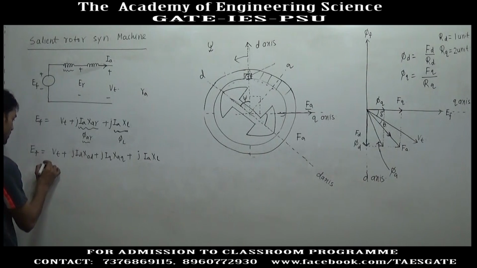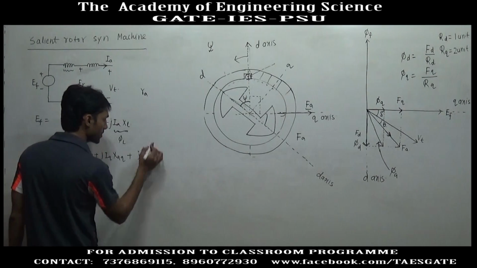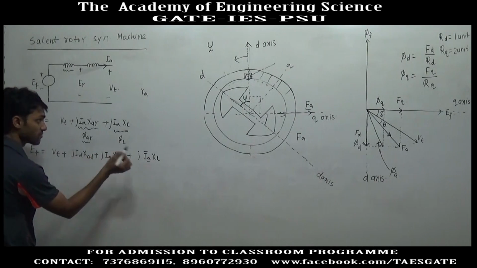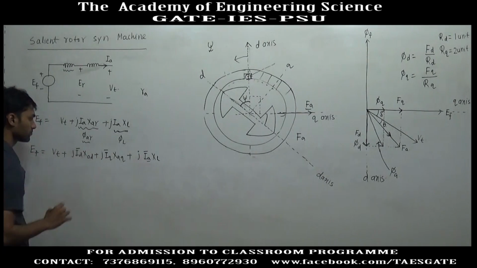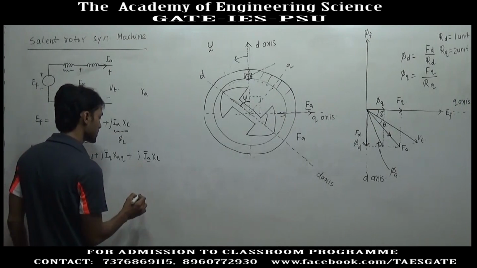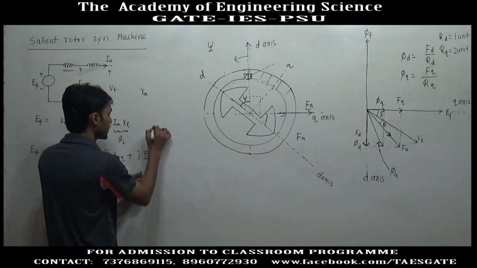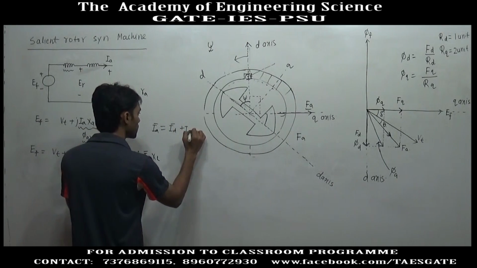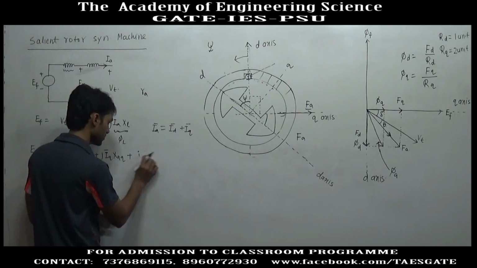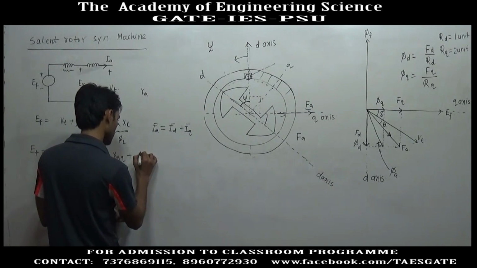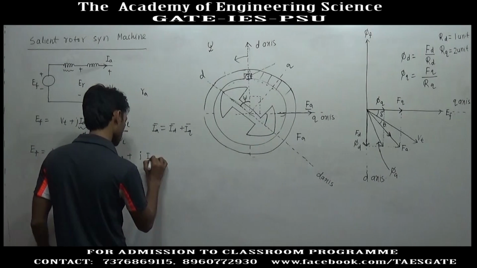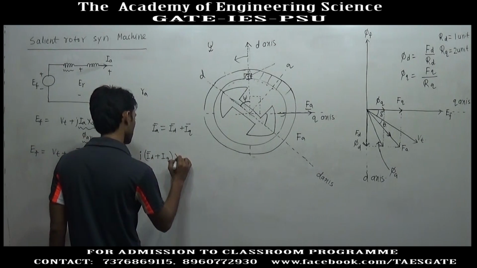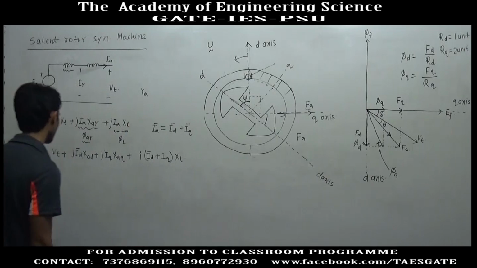This relation can further be simplified. Here we have the IA vector, because all the currents have some phasor, some direction. IA vector is equal to ID vector plus IQ vector. So, this is Vt plus j(ID plus IQ) into XL.